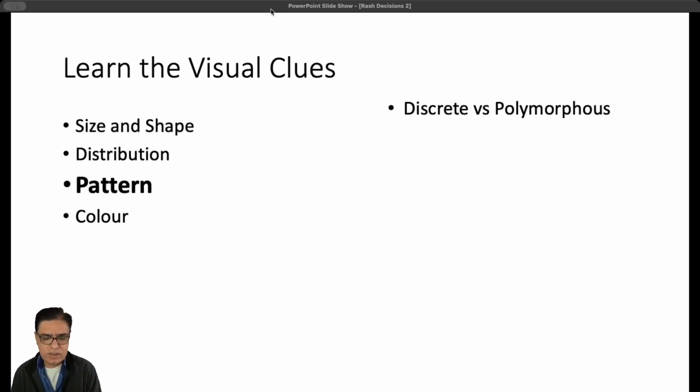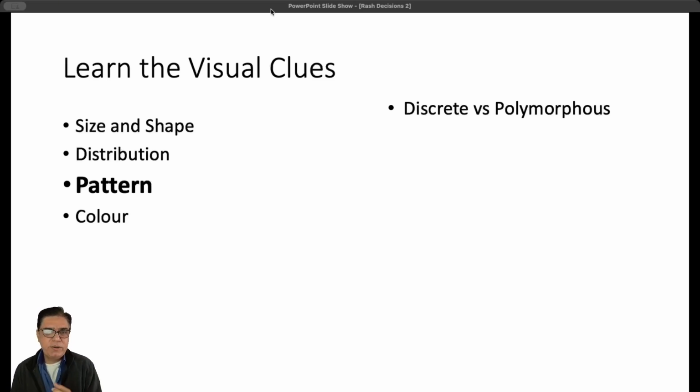For example, if a rash has some papules, some vesicles, some nodules, that would be a polymorphous rash, because poly means many and morphous means morphology, shapes. And polymorphous rashes, if you know the pattern, are associated with certain types of conditions. We'll talk about them in the coming slides.